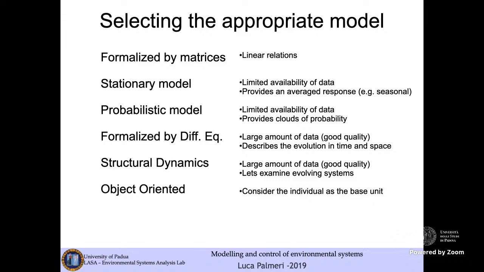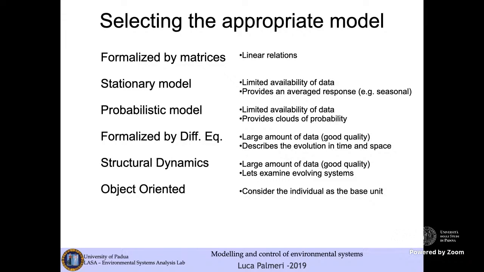Then you may ask yourself if you may include some kind of stationarity into the model. And this is typically the case when your model is limited by the availability of data. Typically, stationary models provide averaged values, for example, seasonal values.